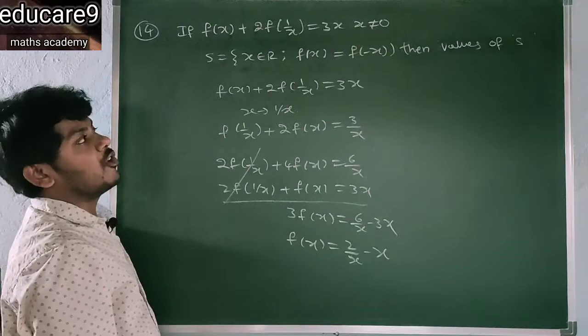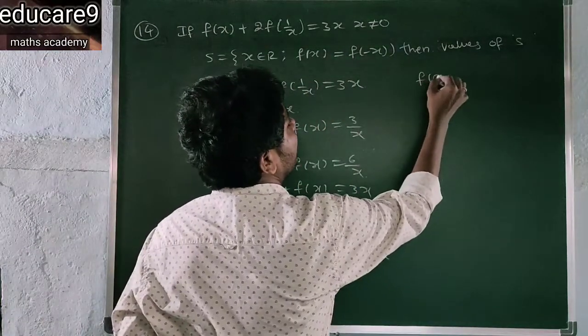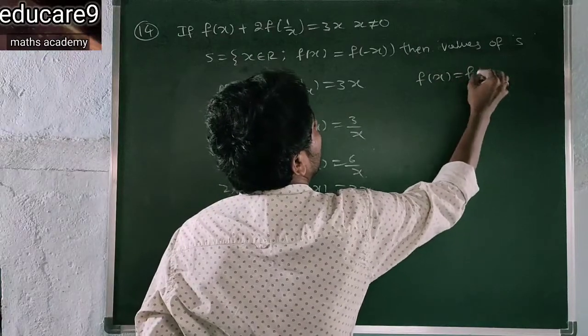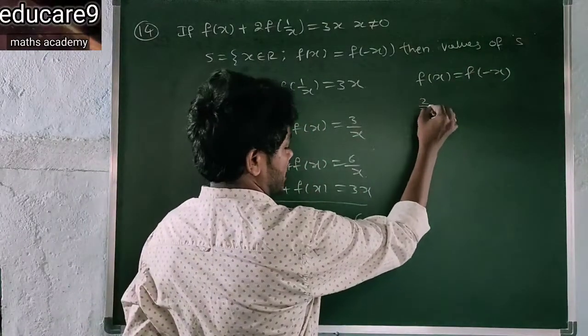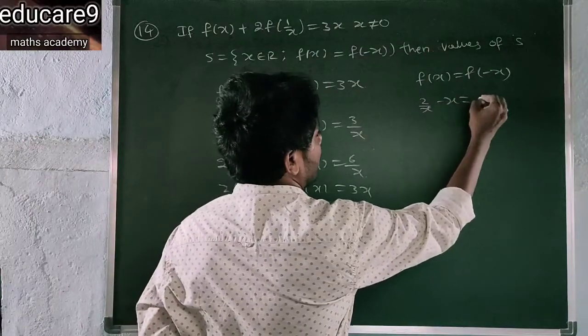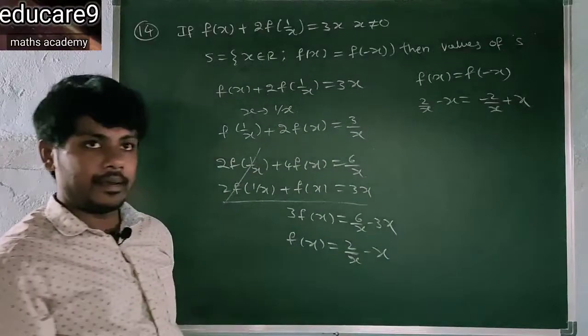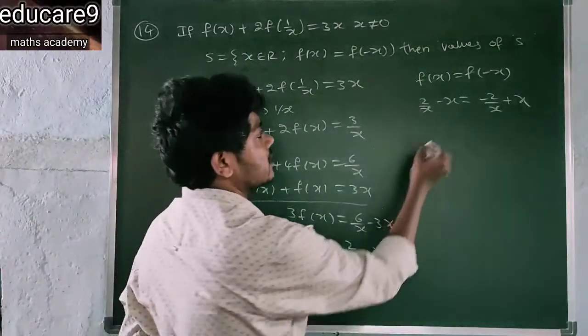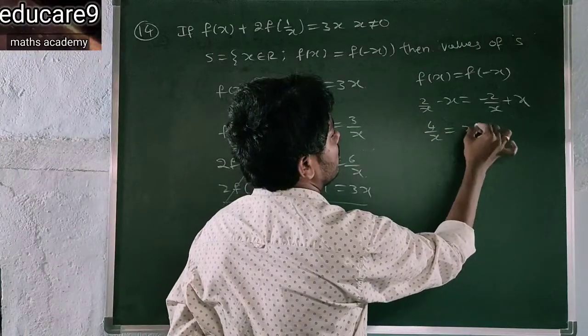Now given f of x is equal to f of minus x. So that is 2 by x minus x is equal to minus 2 by x plus x. Now this is 2 by x plus 2 by x, 4 by x is equal to 2x.